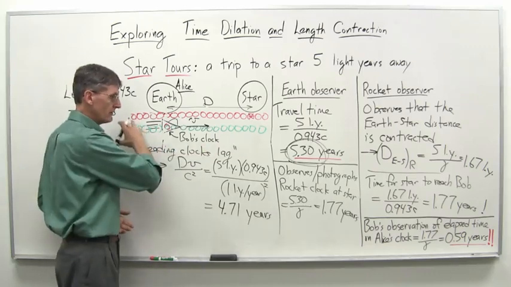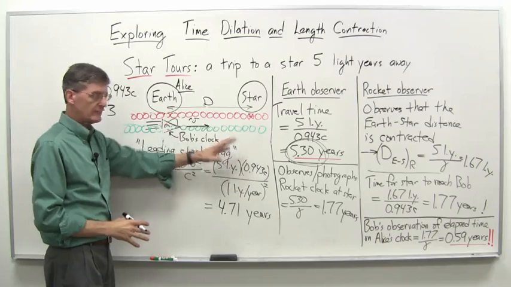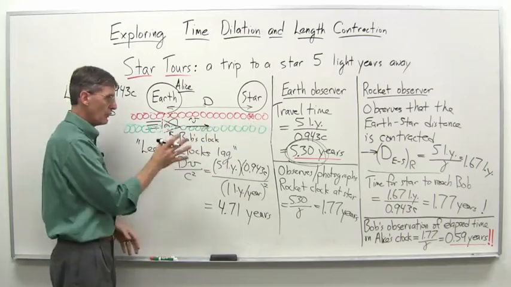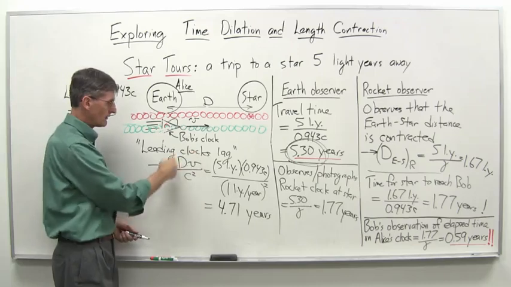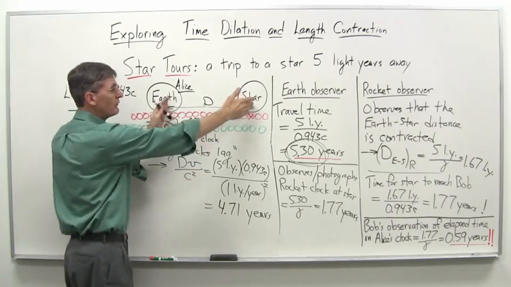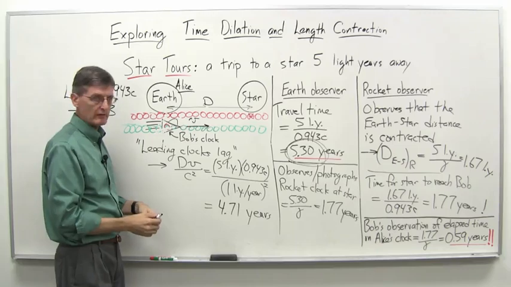You get this desynchronization in the sense that Bob's clocks are synchronized to him, Alice's clocks are synchronized to her in her Earth-star system, but when one looks at the other's clocks, they are not synchronized. And the leading clock's lag factor is this dv over c squared, d being the distance in the moving frame you're thinking about, times the velocity divided by c squared.